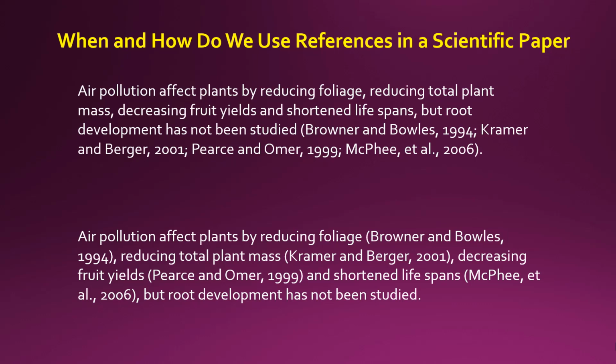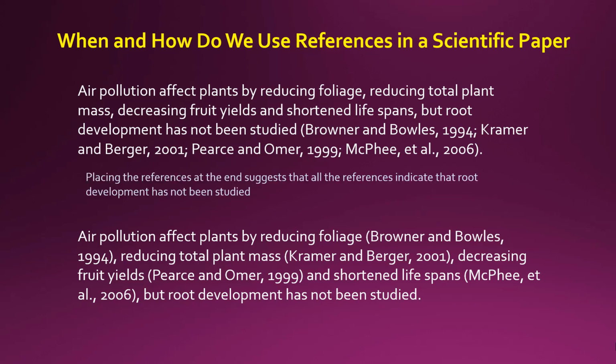Again, this is not the best way to cite your references because placing the references at the end of the sentence suggests that all the references indicate that root development has not been studied. But these references might actually refer to the different ways: reducing foliage, total plant mass, decreasing fruit yields, but we don't know that because of where it's been placed within the sentence.